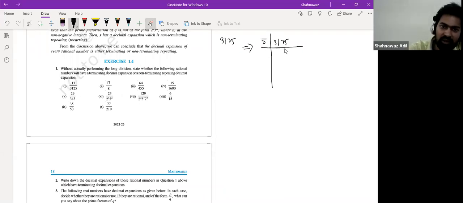We can already see that this doesn't have a factor of 2, because the last digit is odd. So is this non-terminating or terminating?